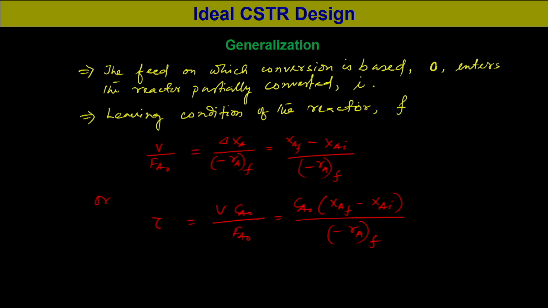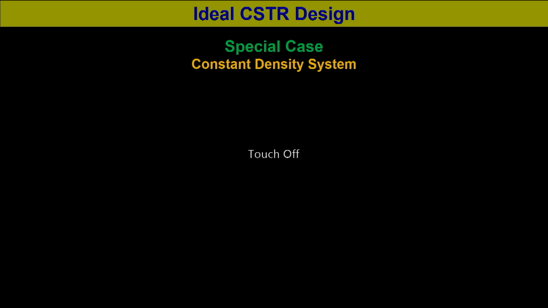Now, if we consider special case for constant density system. So, if it is constant density system, that means epsilon A is equal to 0. So, the conversion can be related X A is equal to 1 minus C A by C A naught.